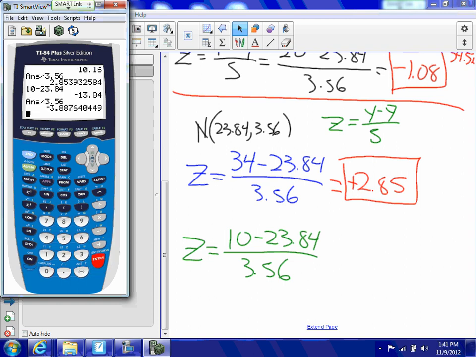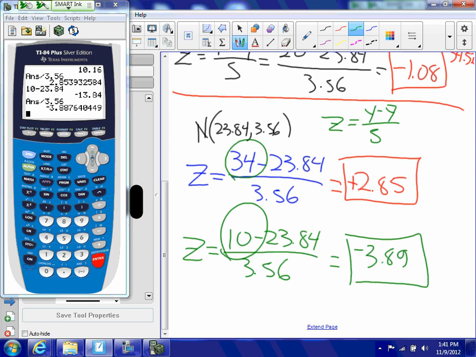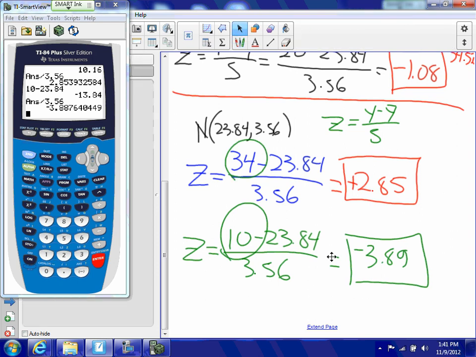That is a z-score of negative 3.89. Well, it seems to me as if our car going 10 miles per hour is much farther away from the mean than our car going 34 miles per hour. So I would say that the unusual one is the 10 mile per hour car, because its z-score is so much further away from the mean.